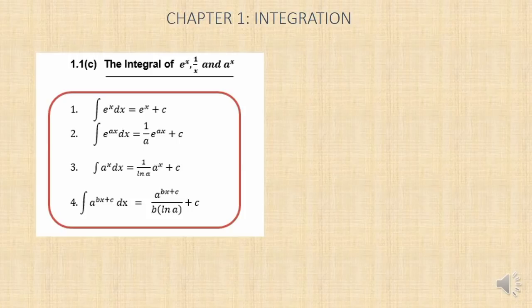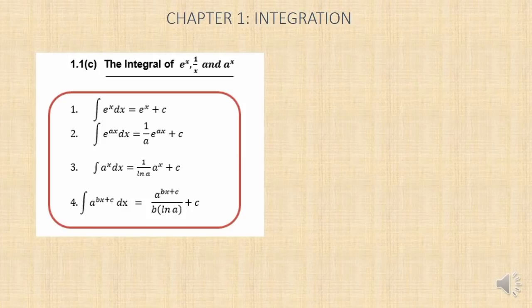For the integral of e power of ax dx, we have 1 over a times e power of ax plus c. And for the integral of a power of x dx, we have 1 over ln a times a power of x plus c.